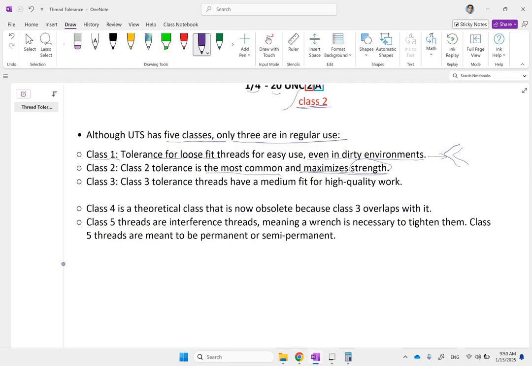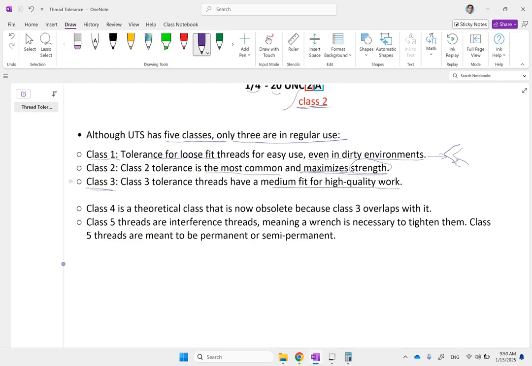And of course, it is going to break sooner. But if there is a small gap between them, the fatigue is going to be smaller, the load is going to be smaller on them, and they are not going to break that fast. So mid-class, something like 5-6 is class 2 for corresponding to metric. And then if you want medium high quality work, you go for class 3.